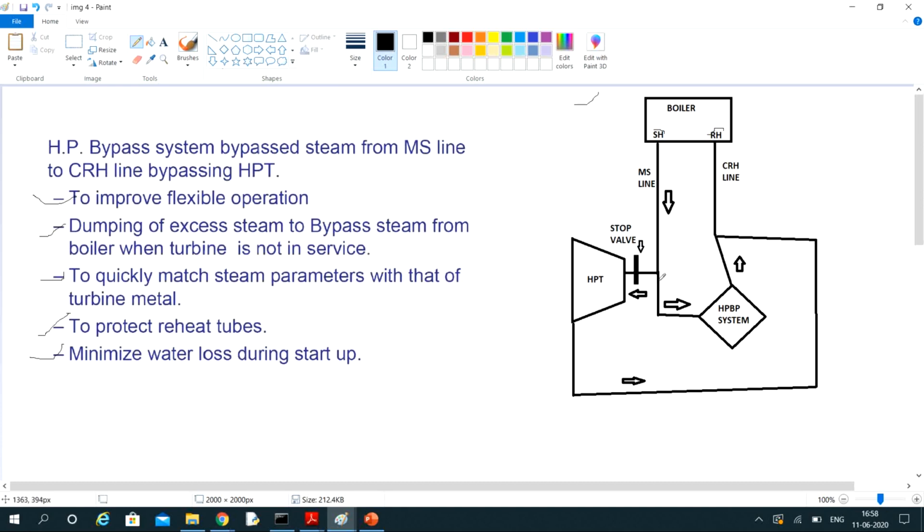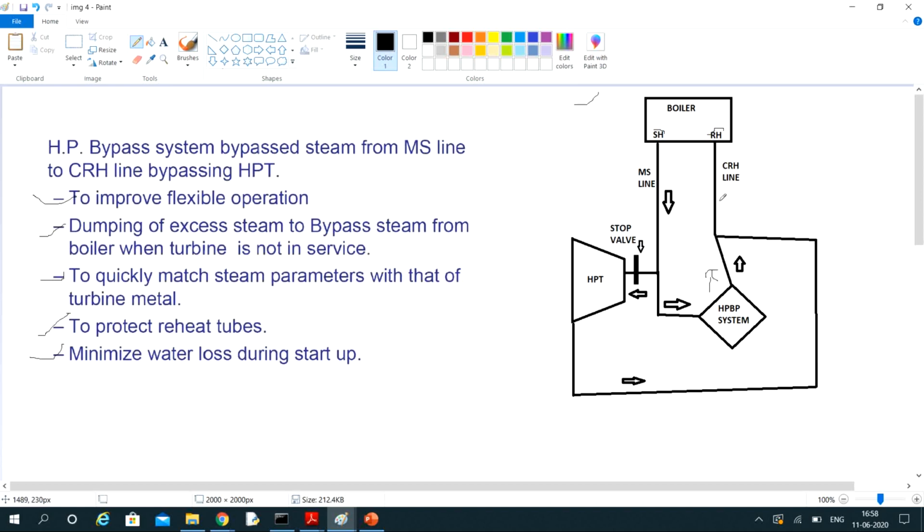What we do in the HP bypass system is that, whether the stop valve is open or closed, depending on whether the HP turbine is in service or not, we can bypass the HP turbine by opening this HP bypass system. The outlet of the HP bypass system is connected to the CRH line.